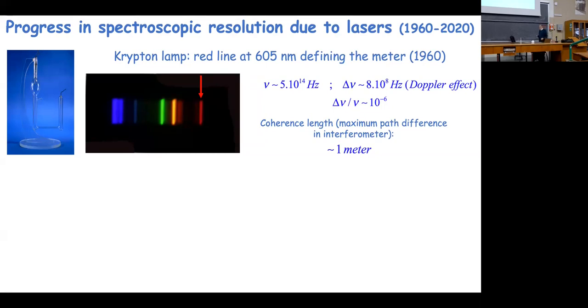Another way to look at this is to say that it's possible to see an interference when the difference in the path lengths is about 10 to the 6 wavelengths. 10 to the 6 wavelengths is about 1 meter. So the best classical interferometers could work with a path difference of about 1 meter, and so we could define the meter in this way.